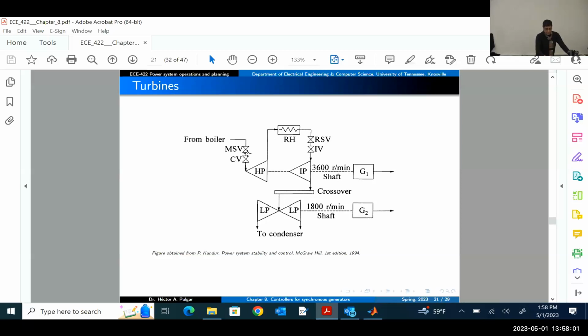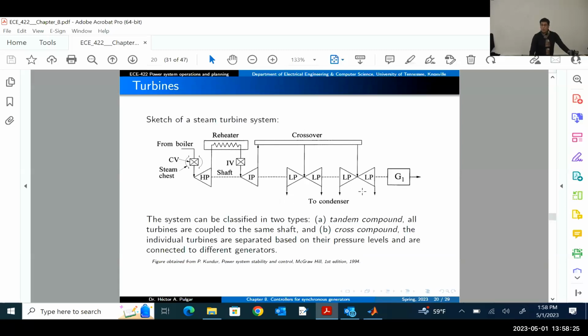You have the steam chest and the valve here, and after the reheater, after the intermediate pressure turbine, you will send this to the crossover, but you will have low pressure turbines connected to a different shaft, and this will be connected to a different generator. So this is another configuration for these steam turbines. We will stick with that. This is the one that we're going to study.